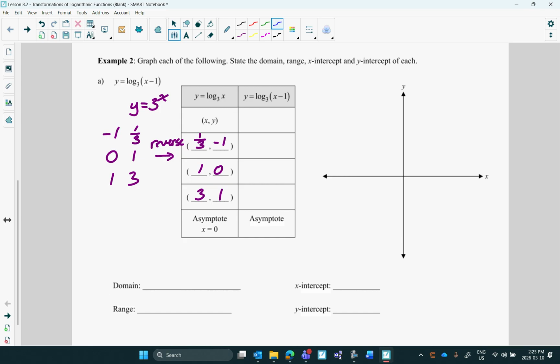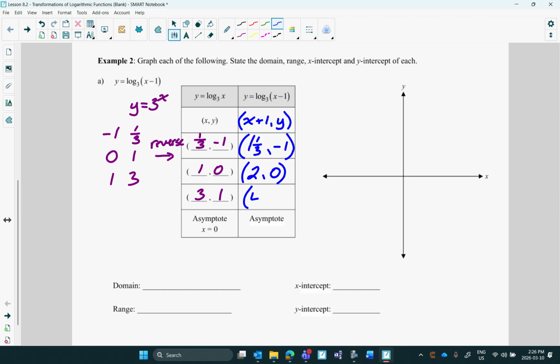What's the mapping notation if we take this and move it one to the right? x plus 1 and y. So 1/3 plus 1 is 1 1/3. y stays -1. The next point becomes 2, 0.